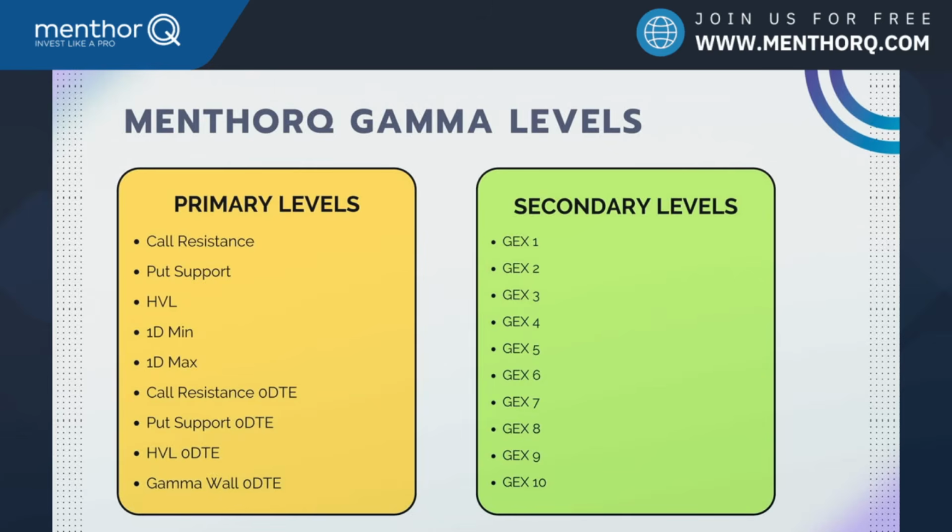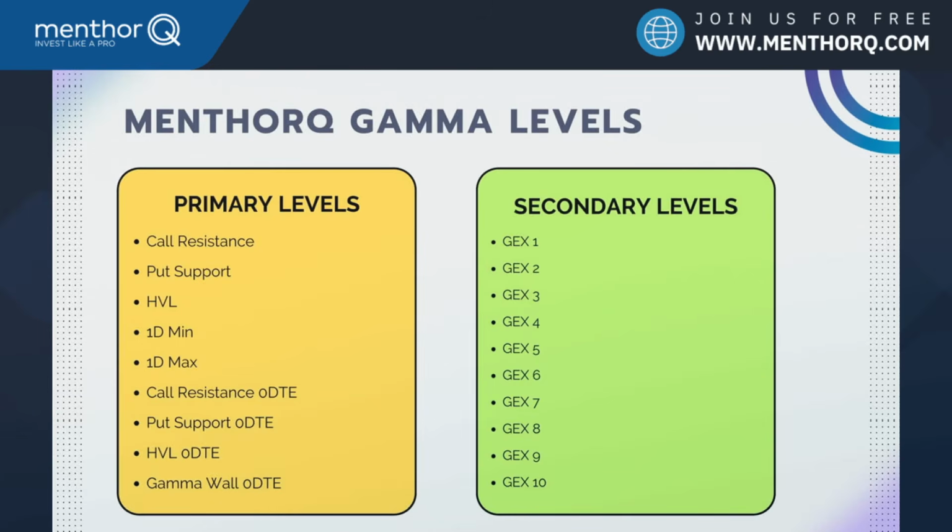But how can you use these levels as a trader? These levels are market reaction zones or key inflection points in price. We can identify where market makers may need to hedge aggressively using those levels. We can also spot hidden support and resistance that are not visible in the chart. But it is important to understand that these support and resistance areas are calculated using forward-looking option data, not calculated looking at past price action, and that's where the power comes in.